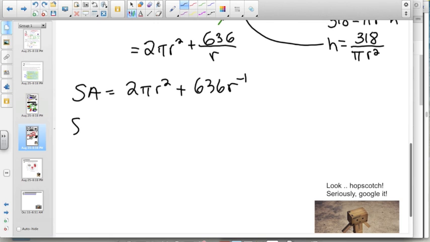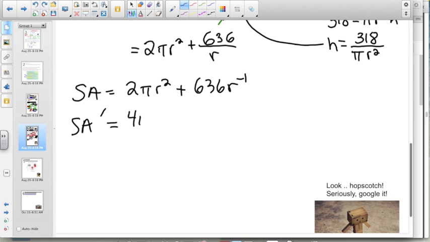What's the derivative of the surface area? What's the derivative of 2 pi r squared? 4 pi r. Okay, that's like saying what's the derivative of 3x squared? All right, bring down the 2, multiply it by the 3 to get a 6. So derivative of 6x. So all we're doing is bringing down the 2 and multiplying this out.